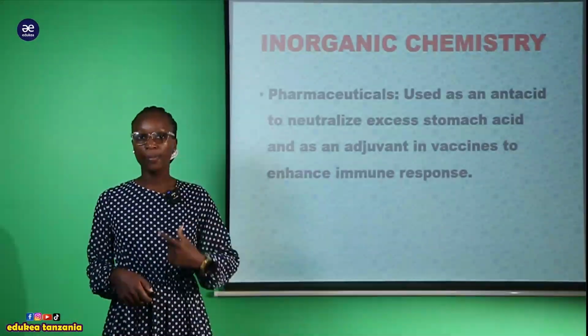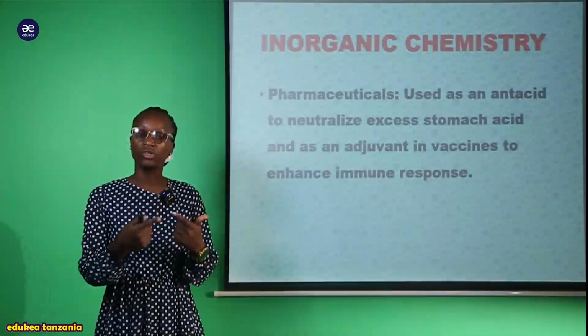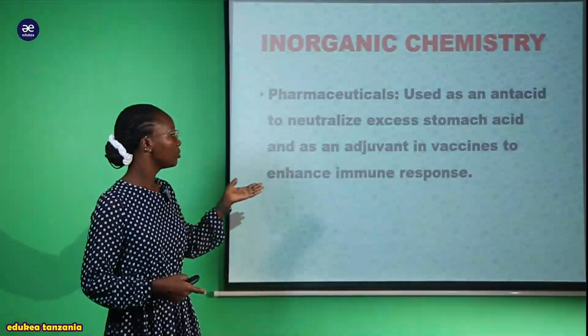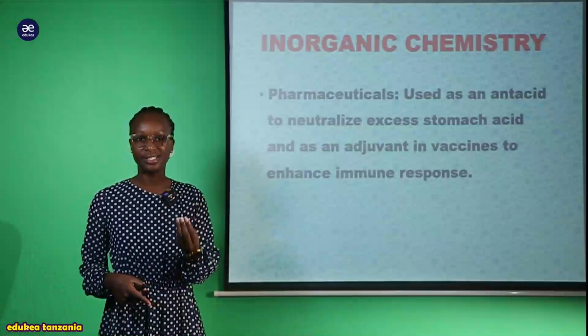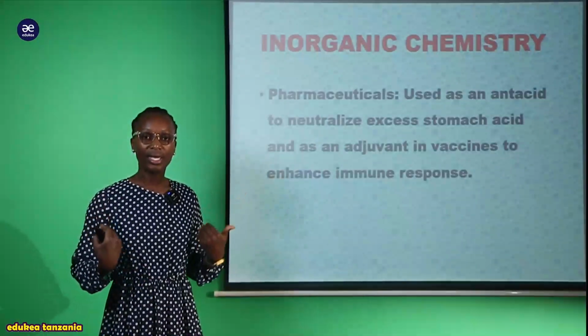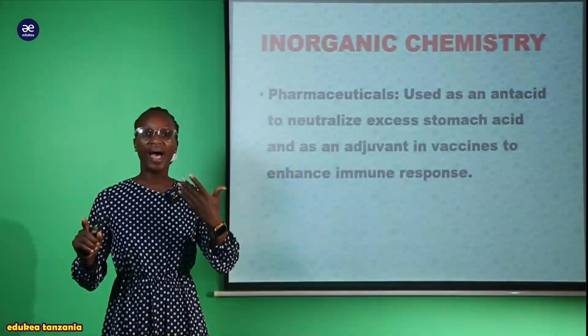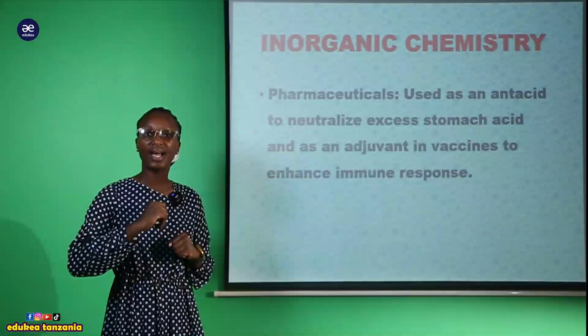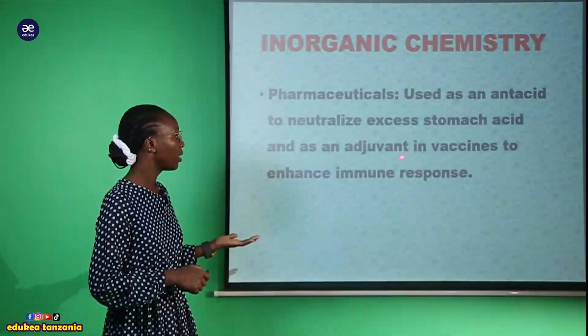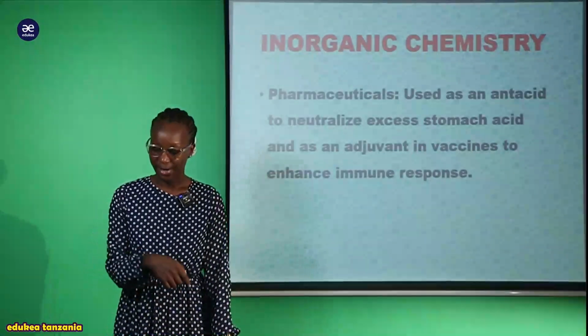Kwa hiyo kama kuna issue pia ya hizo stomach with the excess acid, itatumika kufanya neutralization, but also inatumika katika kuensure the issue of the vaccine, chanjo. Mtu anapewa chanjo ili ile kinga ya mwili yake iwe strong. Kwa hiyo unaona kwamba au iweze kurespond, iwe active kuweza kuresist against the disease. Kwa hiyo utaona kwamba inasaidia katika vaccine to enhance the immune response.